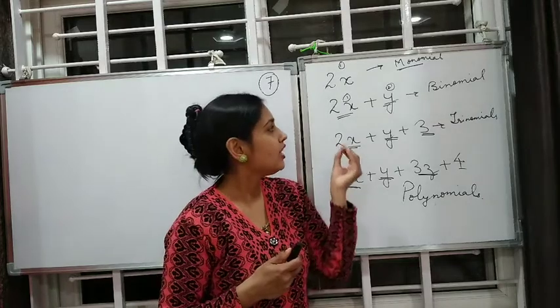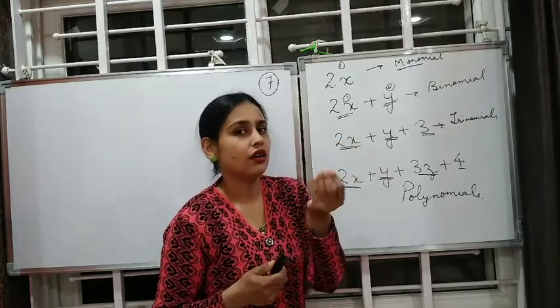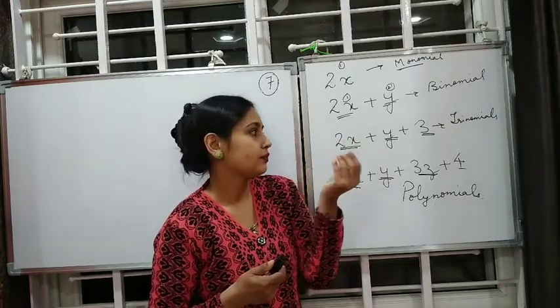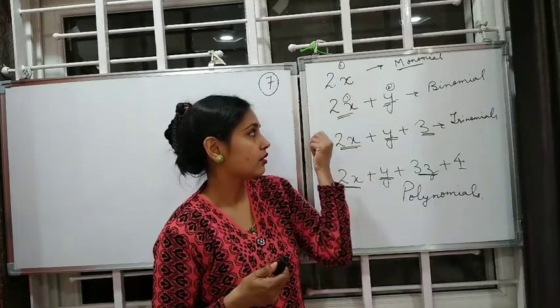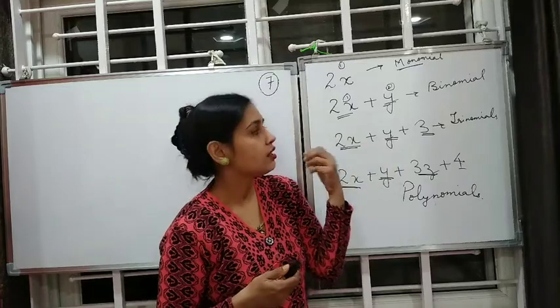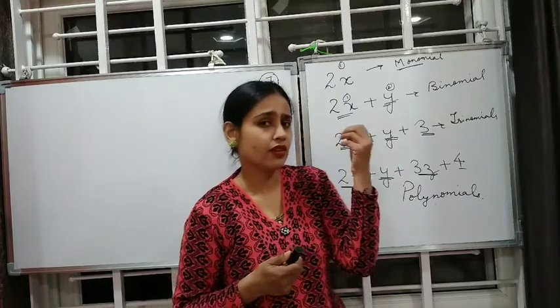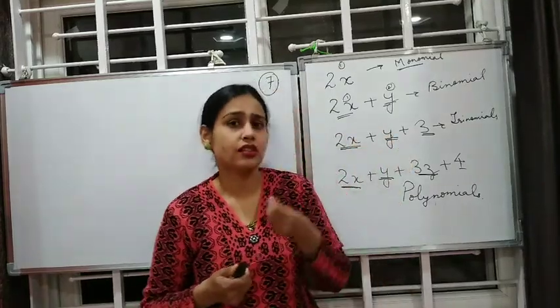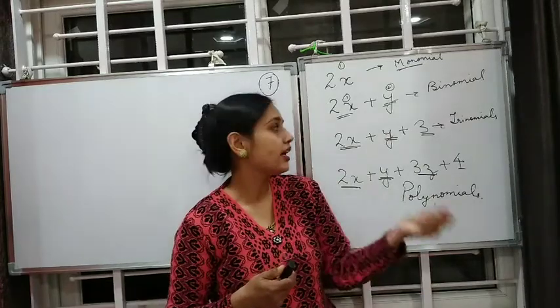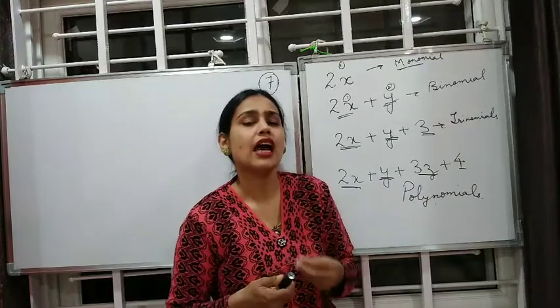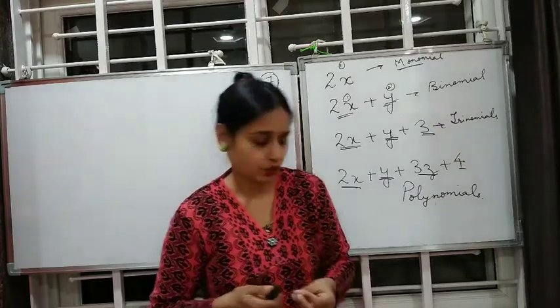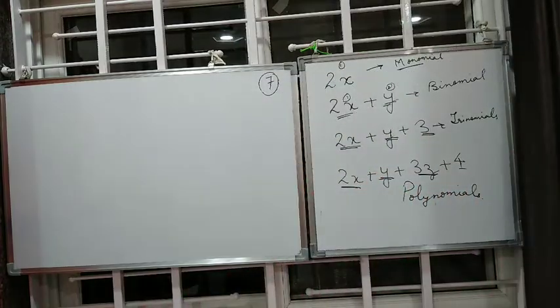Children, how did we start? We started with the factors, then the coefficients, the terms, the like terms, the unlike terms, then the monomials, binomials, trinomials and polynomials. We have some Try These. Let's do them. Okay, so let's start.